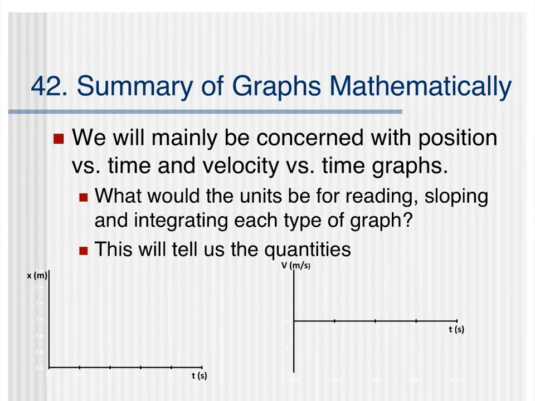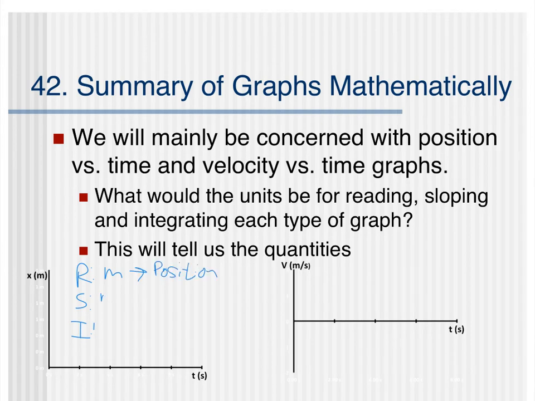Alright, so let's bring this back to motion graphs specifically and think about the meaning of reading, sloping, and integrating the two types of graphs that we have. So let's start with the position versus time graph, and I'm just going to think right now about the units and then what that means. If I read a position versus time graph, it's going to have units of meters. That is the unit of position.